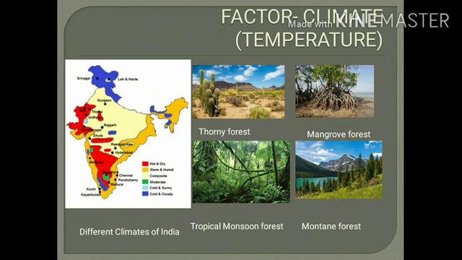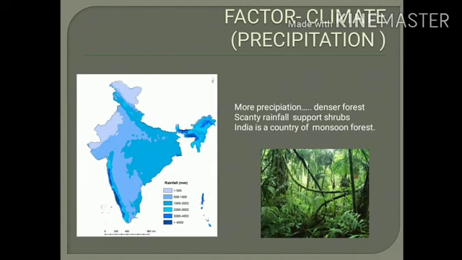India has a monsoon type of climate, and we generally get monsoon forest, tropical deciduous forest. Somewhere it is a little bit dry in nature, somewhere wet, but basically we have all types of trees and all types of variation, but mostly monsoon forest and tropical deciduous forest are found here.